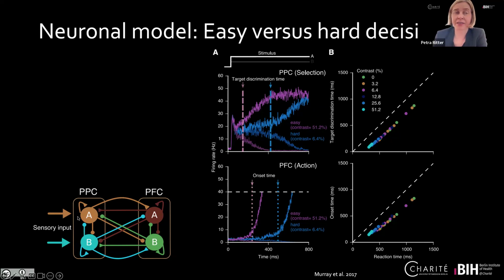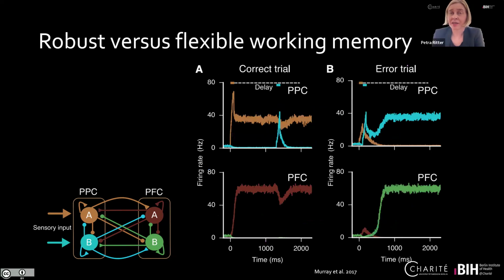So even though the input would be higher, for example, to population A, it could happen that in this dynamic winner-take-all cycle, because of the noise on top, the other population would win, and this would then be an incorrect decision. I'll show you an example later.